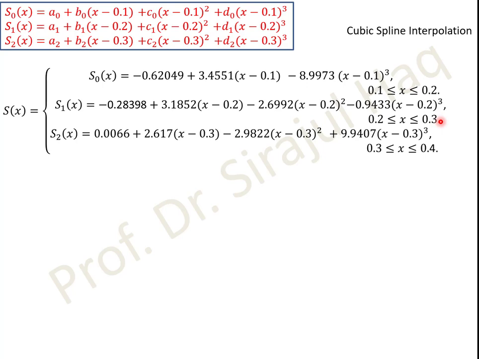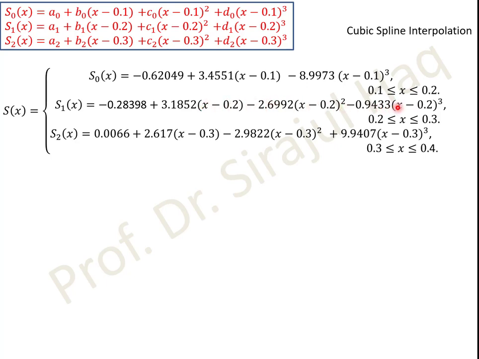Now, if you are looking for the value of the function at a point somewhere between 0.1 and 0.2, replace X by that value in S0, you will be getting the approximated value. Similarly, if you are looking for the value of the function at a point which lies between 0.2 and 0.3, replace X by that value in S1 and you will be getting the approximated value of the function at that particular point.